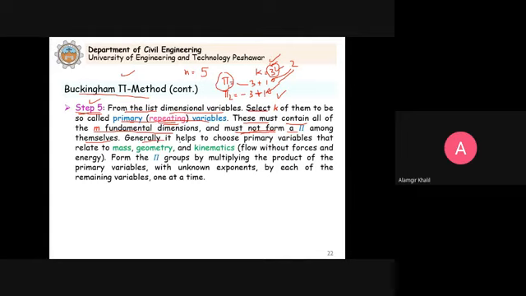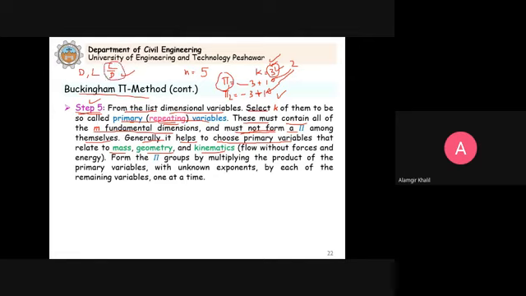Generally, it helps to choose primary variables that relate to mass, geometry, and kinematics. You should preferably take from each of these groups if 3 are to be selected. The reason is that, let's say for example, if you select diameter and length L is also present as a variable, do not select both at the same time, because L by D or D by L forms a dimensionless product or group.